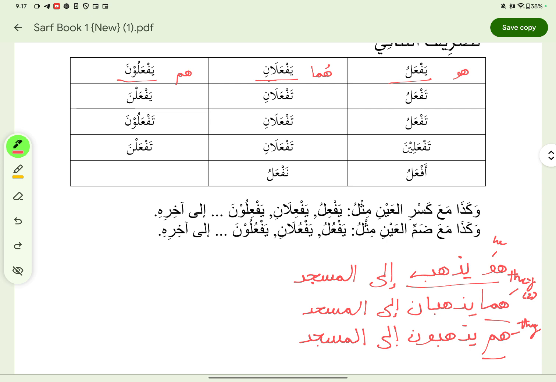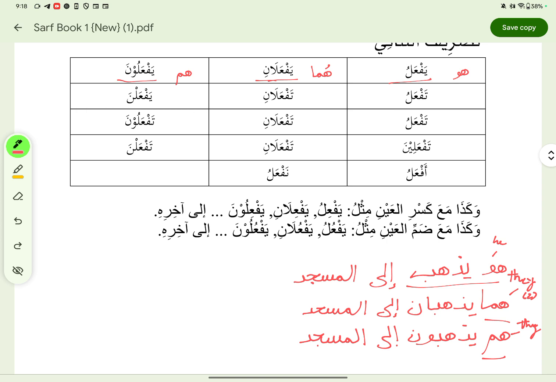If I take off huwa, it becomes something called mustatir. It's hidden. The huwa is hidden. But that's a grammatical thing that we will get to inshallah in book 2. For now, we're gonna learn it as huwa and huma and hum, so we get used to these pronouns and we know what they are associated with.